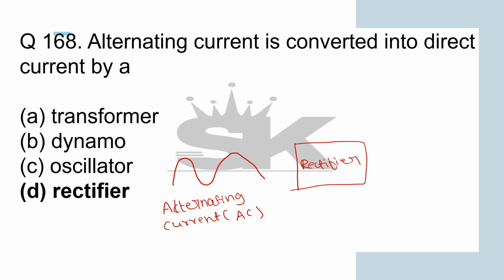By using the rectifier, it converts to direct current, that is DC. So by using the rectifier, we can convert the alternating current into direct current.